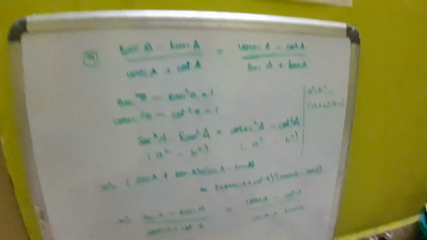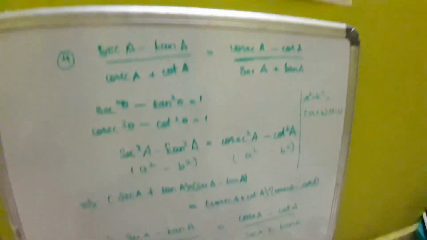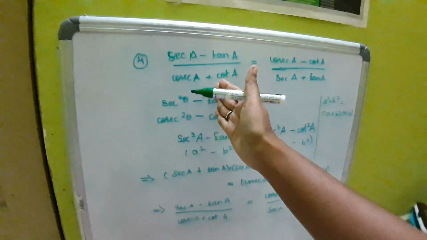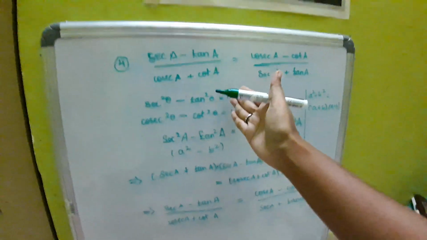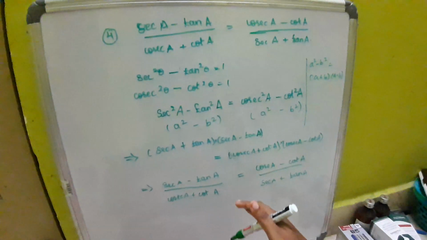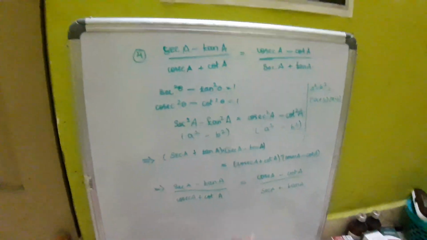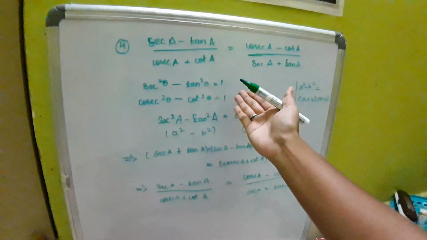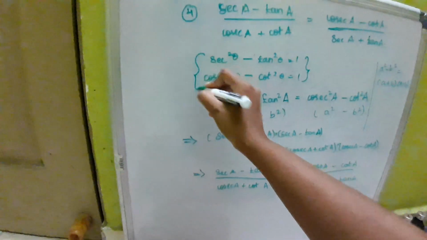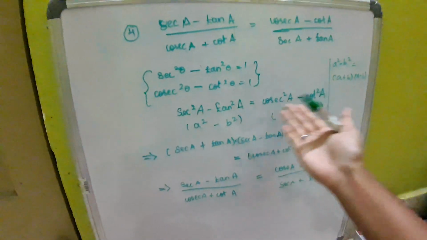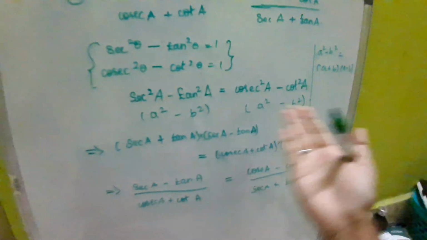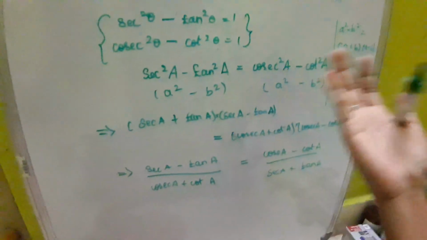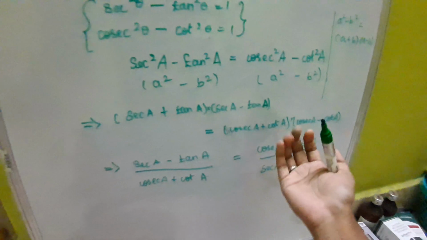And now check, we have proved the values on both sides. If we solved it like the previous sums, taking LHS and putting in formulas, you would also get the answer, but it would take too many steps. Here there are only 3 or 4 steps. Both have the same values, so we equate them, both being similar to a square minus b square, and substitute according to the formula a plus b into a minus b.